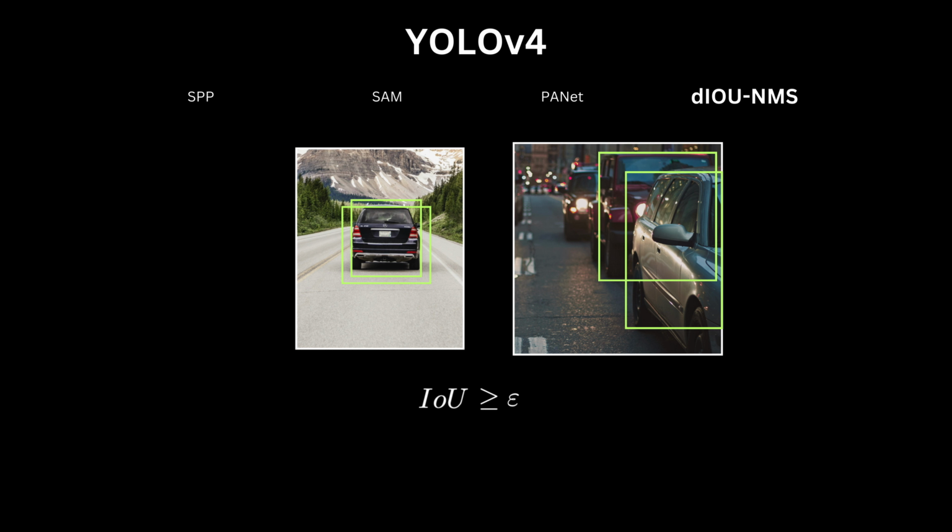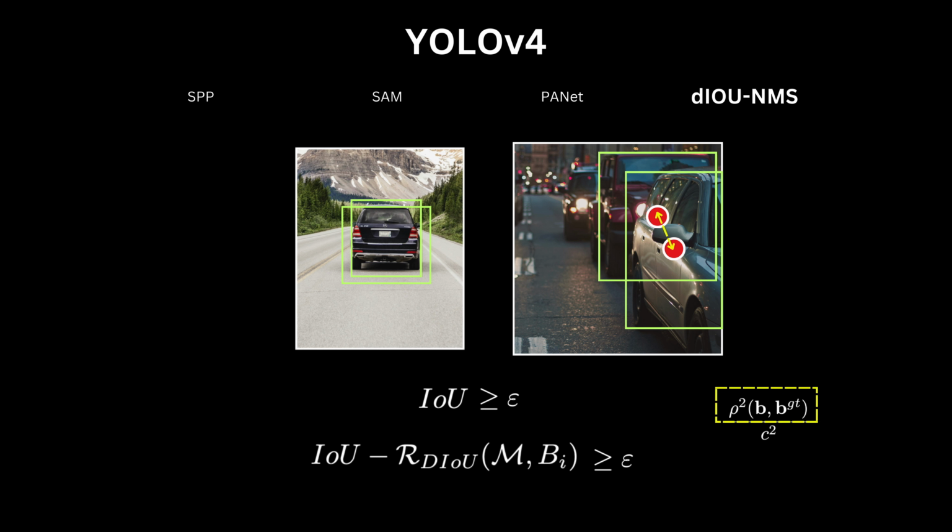The authors of Complete IOU Loss introduced DIOU NMS, which performs better than traditional NMS and reduces false suppression in such cases. Rather than just depending on overlap to identify if box Bi is a duplicate of the highest scoring box M, we use IOU minus the distance of center penalty term that was present in Distance IOU loss. Just to remind ourselves, this penalty term is defined as the square of the distance between centers of boxes divided by the square of the length of the diagonal of the smallest box enclosing both boxes.